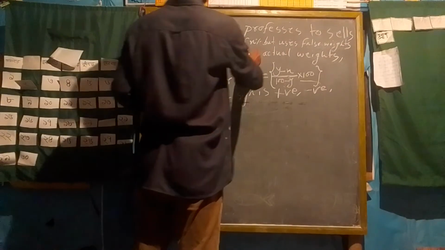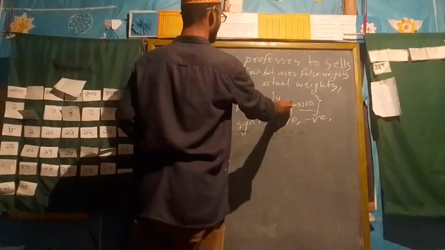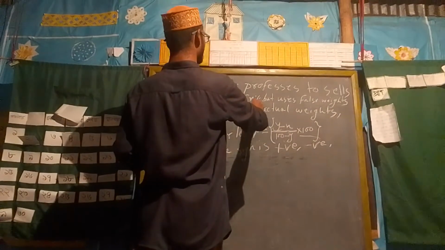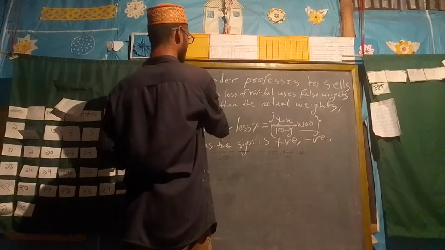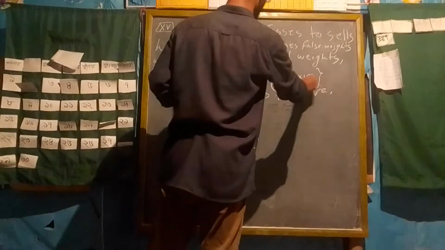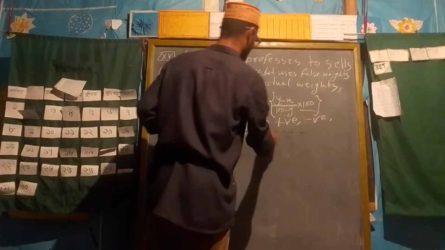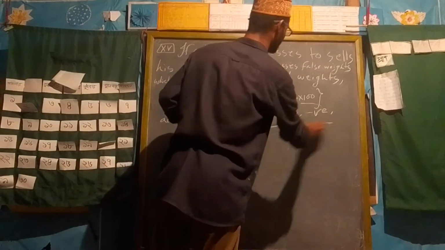Why? Because Y comes before X, because Y percent is less than the actual weight. According as the sign is plus or minus, it is a gain or a loss.